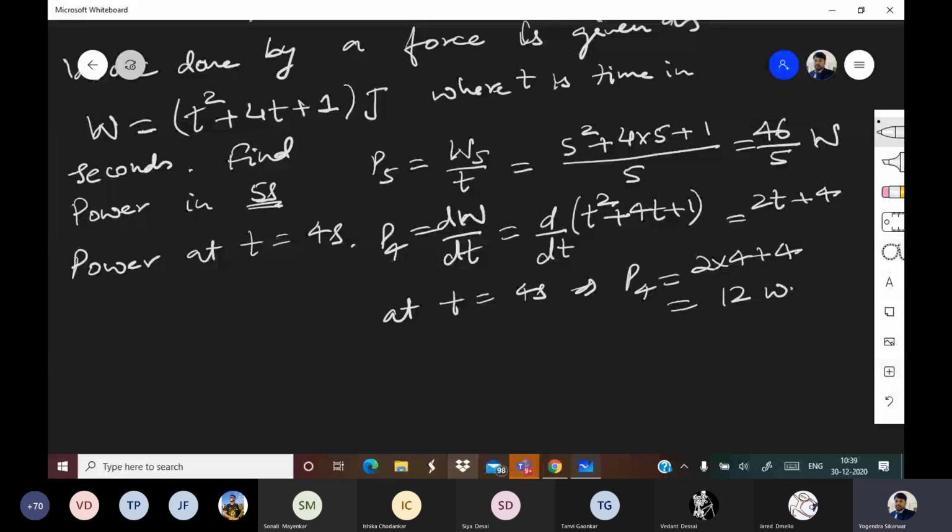Then which way do you want to substitute the t value?